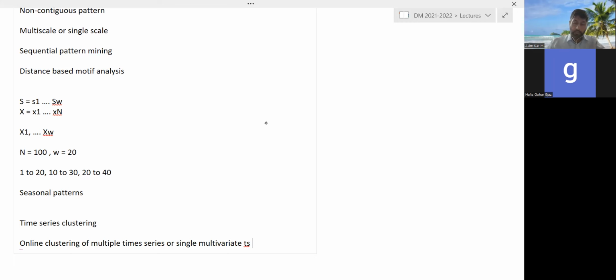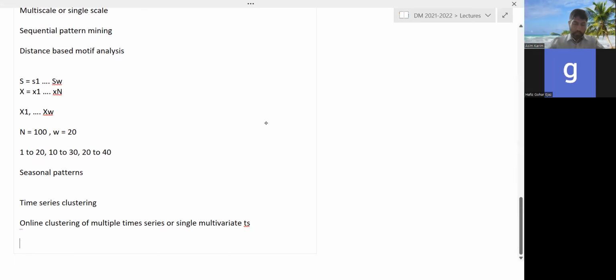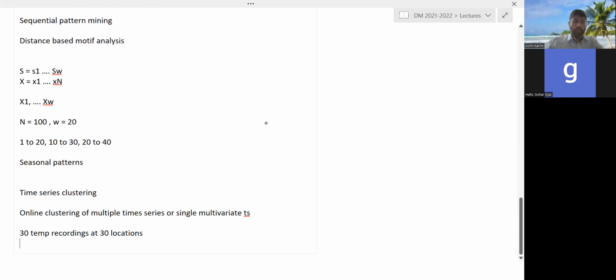So the clustering here is actually, let's take the example of temperature at 30 locations. So the clustering here is now the clustering of those 30 locations, to find which two locations are similar, in this case with respect to temperature. Okay.